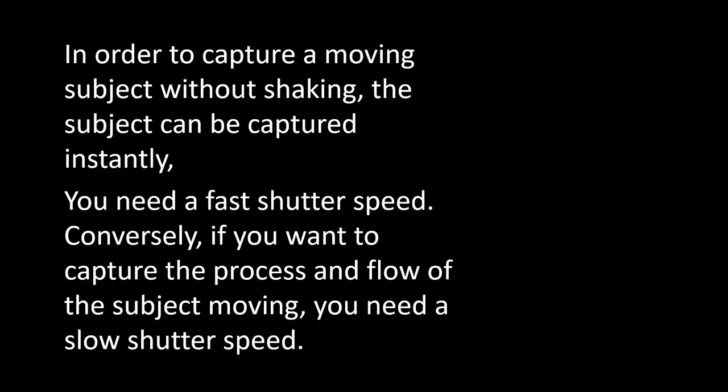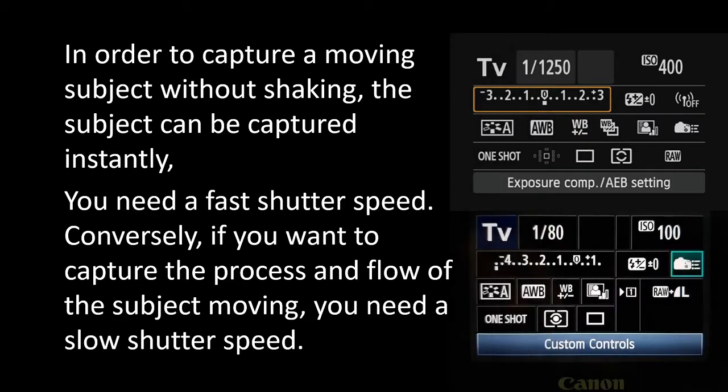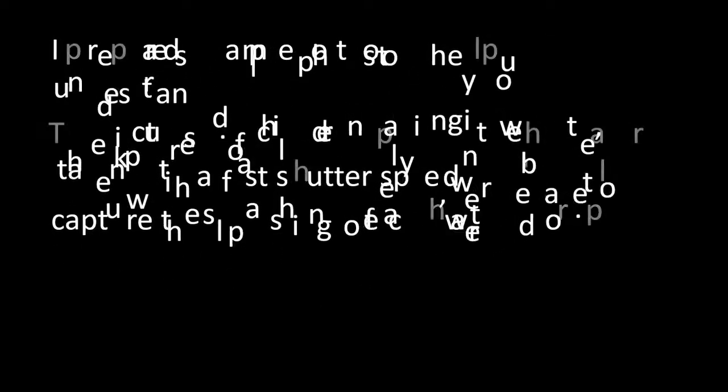In order to capture a moving subject without shaking, the subject can be captured instantly. You need a fast shutter speed. Conversely, if you want to capture the process and flow of the subject moving, you need a slow shutter speed. I prepared sample photos to help you understand.